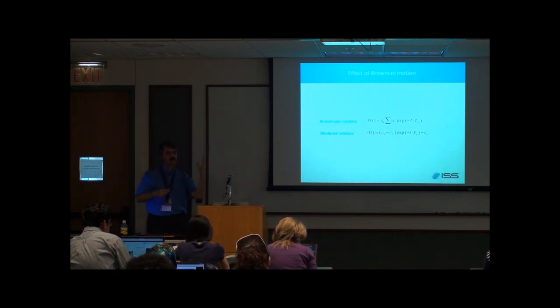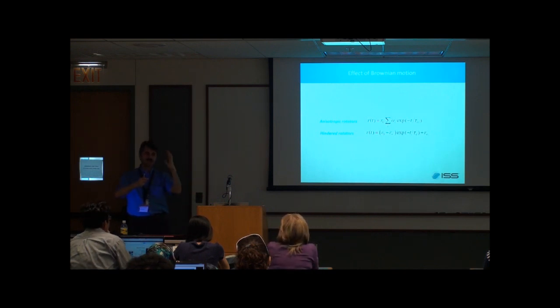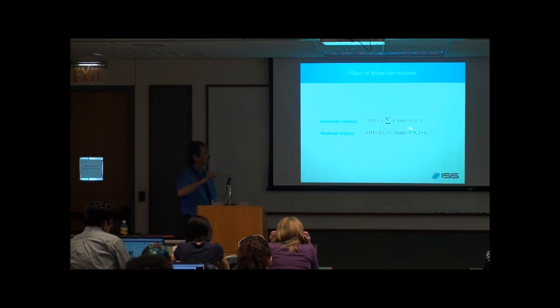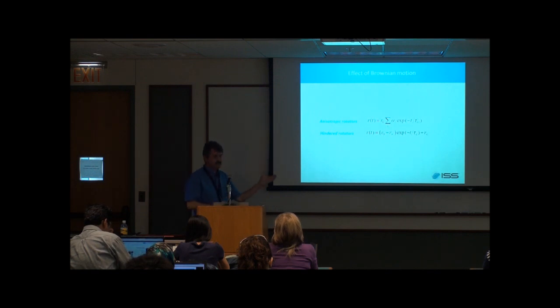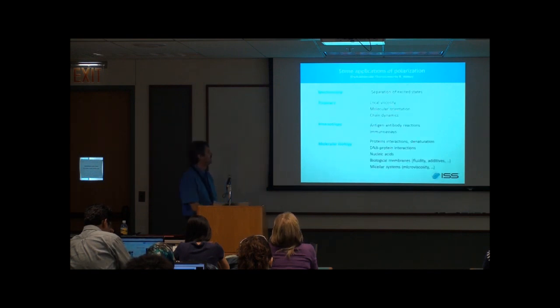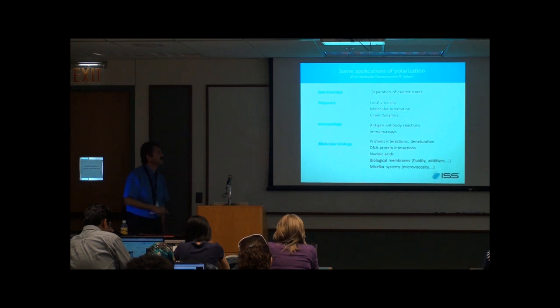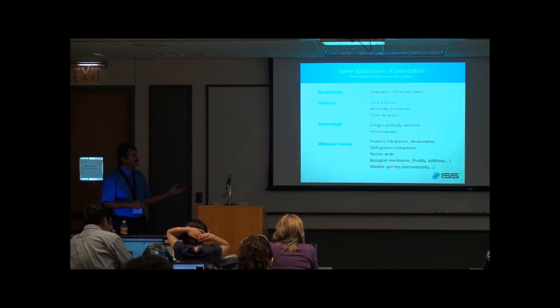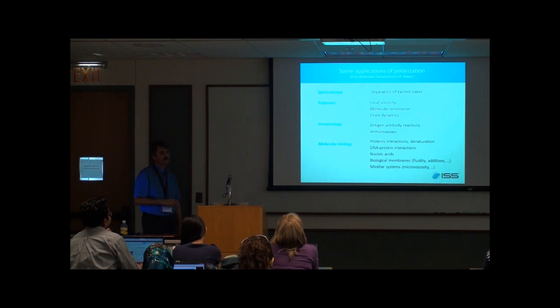If we have a molecule placed in an environment where the motion is limited, we call it a hindered rotator, and there is a more complicated expression. All these are used in several fields, for instance in molecular biology, to study the situation in biological membranes and micellar systems, and here you see a few of the applications of polarization.